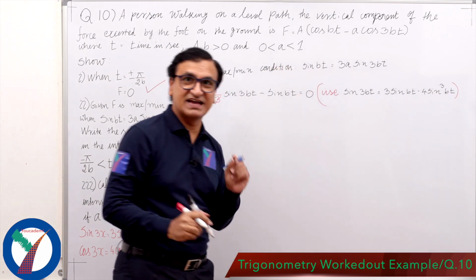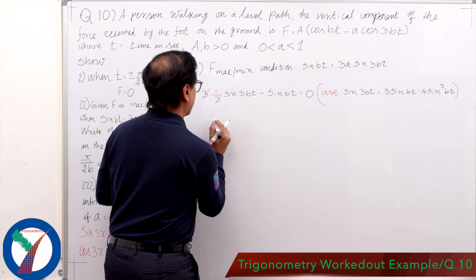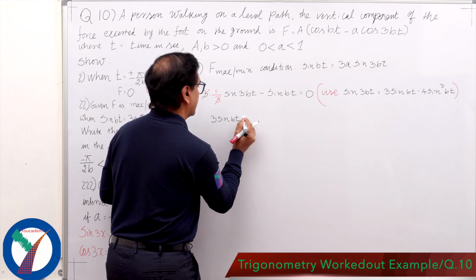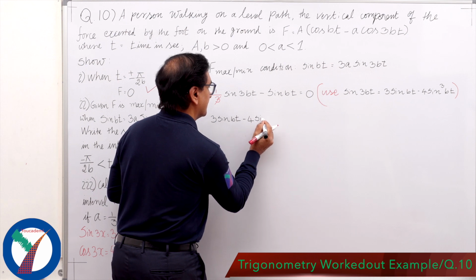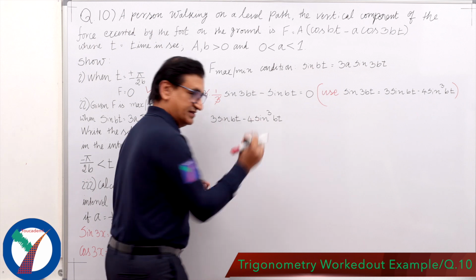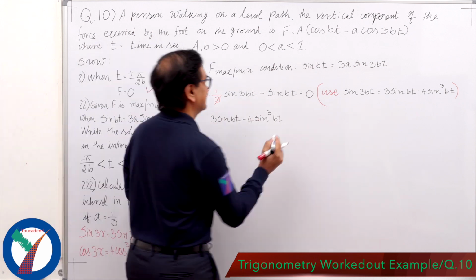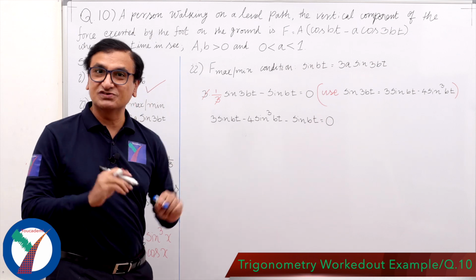So I am going to use the sin 3bt formula. So this becomes 3 sin bt minus 4 sin cube bt, minus sin bt, equals 0. Now let me factor out sin bt.